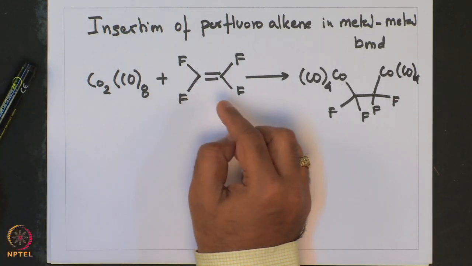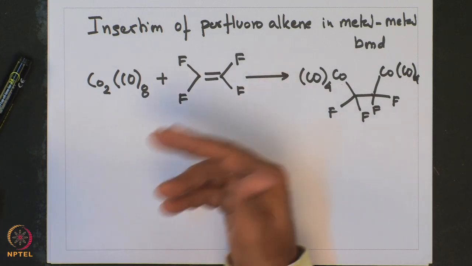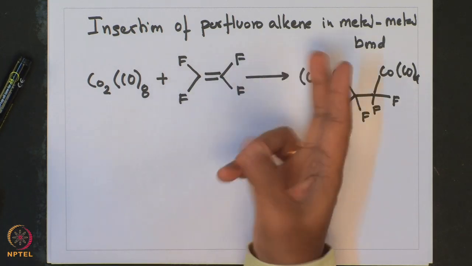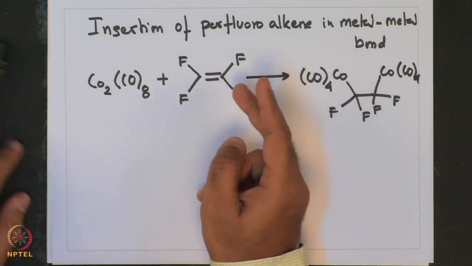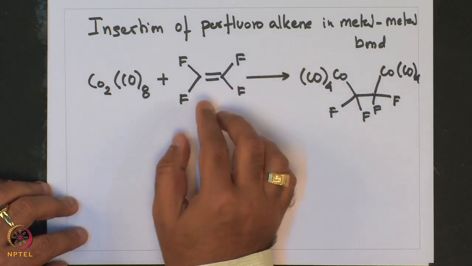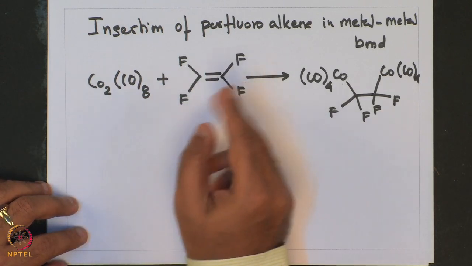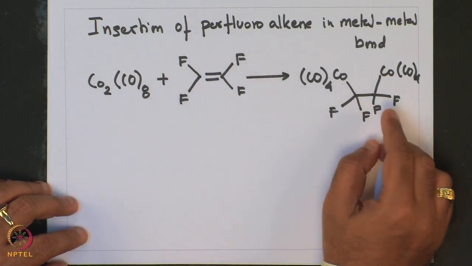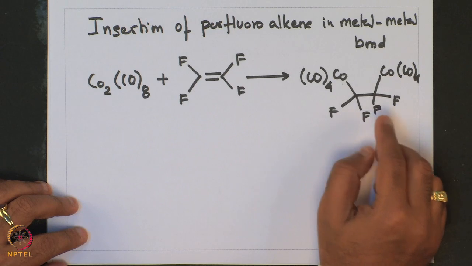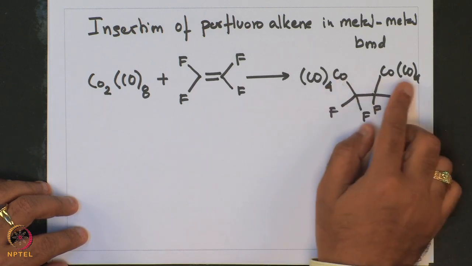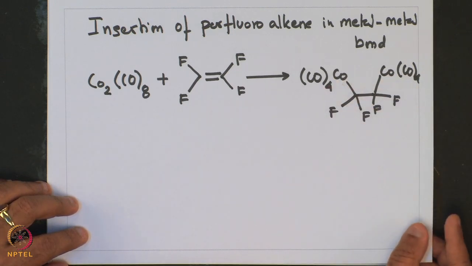So, here, similar to any other insertion reaction of the corresponding alkene, the alkene insertion into a metal-metal bond has occurred, and a similar strategy has been successfully employed in preparing this perfluoroalkyl bimetallic cobalt compound as shown over here.